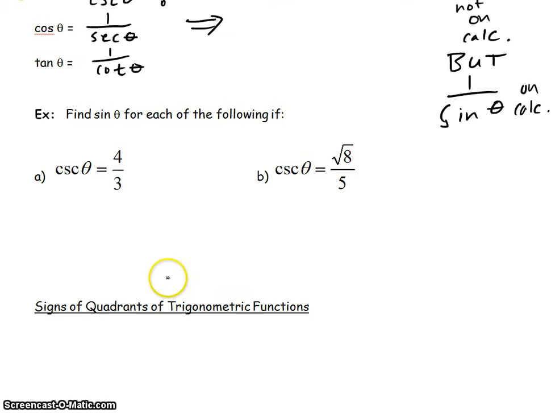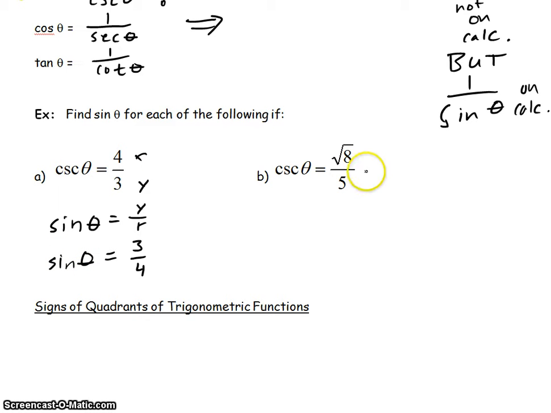So if we're going to find the sine value ratio, we know that to be the reciprocal, since this is r and this is y. We need to write this as y over r, so then I rewrite this as 3 over 4. So the sine of this angle is 3 over 4.